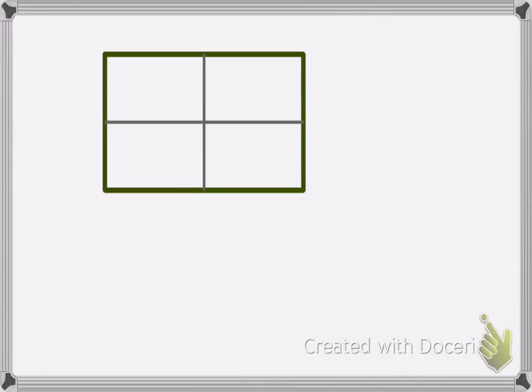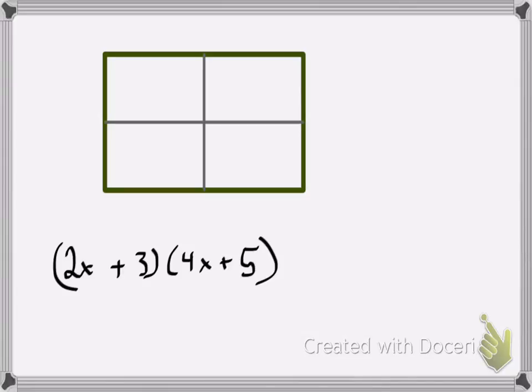Okay, and I use this when I have something like 2x plus 3 times 4x plus, let's go 5. Okay, it's just another way to do it. I don't prefer to do it this way, but I want you to know of it.